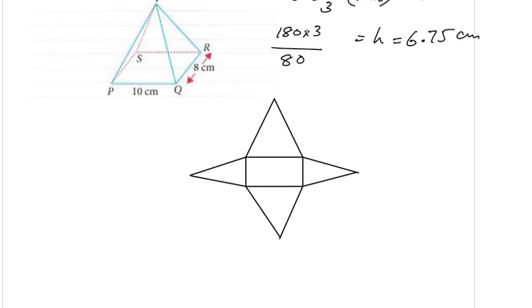Completely. According to the dimensions given in this diagram, see that its base has the length 10 centimeters and width 8 centimeters, while the slant height will be different in this case.